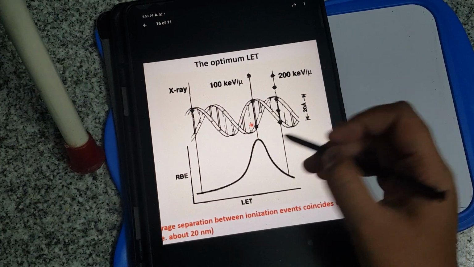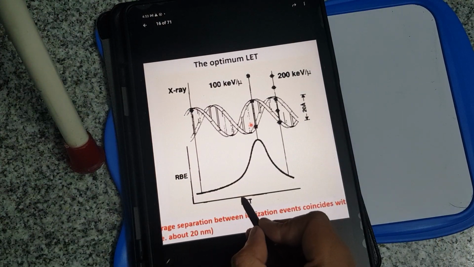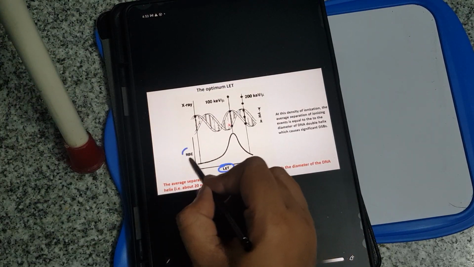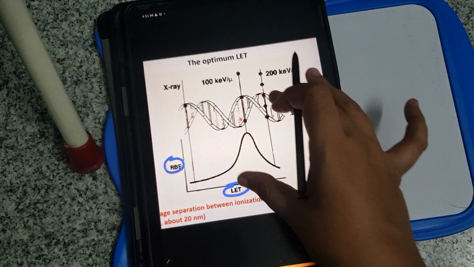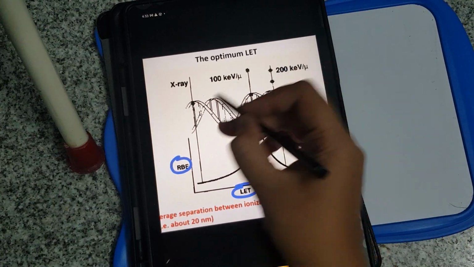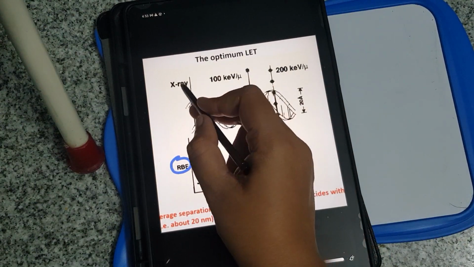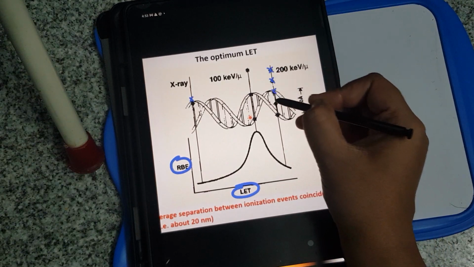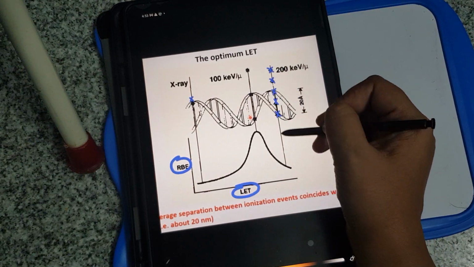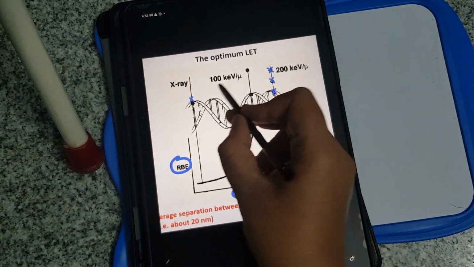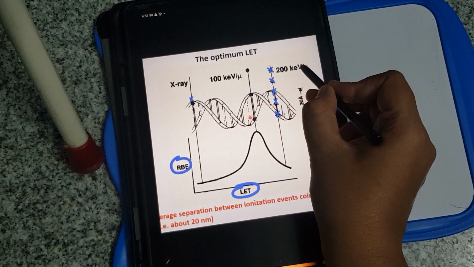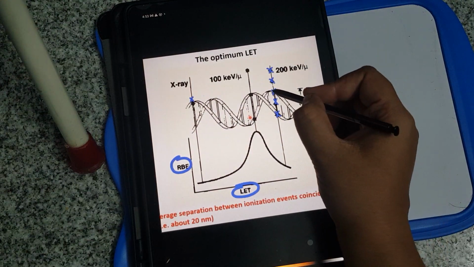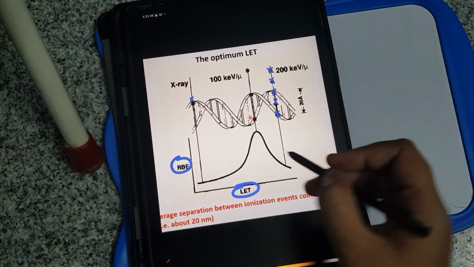Okay, another concept. This is a graph for LET and this is RBE, right? This is the one hit with the X-rays, but this is like multiple hits. This is the more energy deposition. As you go from lesser ionizing to more ionizing, this is more energy deposition over here, and this is less.